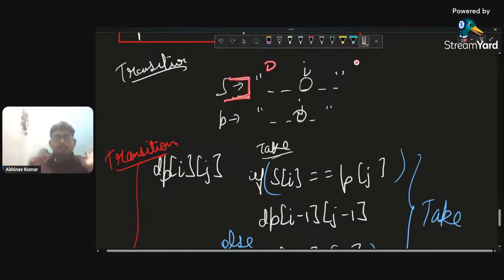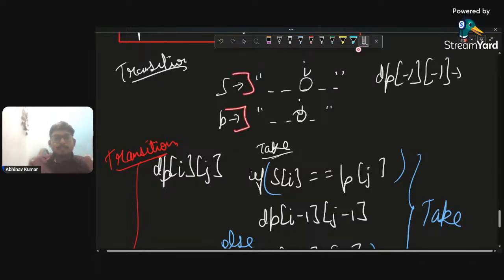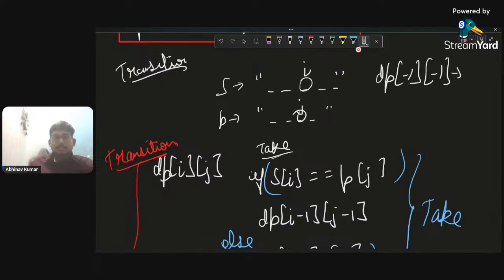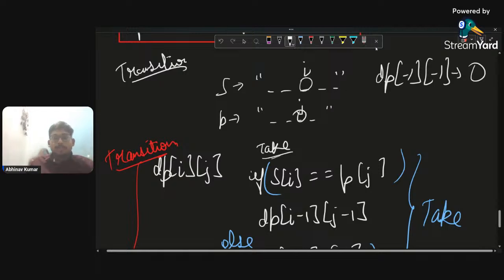So if I have not moved to anything and this pattern is also empty, then dp[-1][-1] is going to be how many removals. This is fine if we don't have anything and we don't have anything in the pattern, but we are not removing anything also, so zero removals.